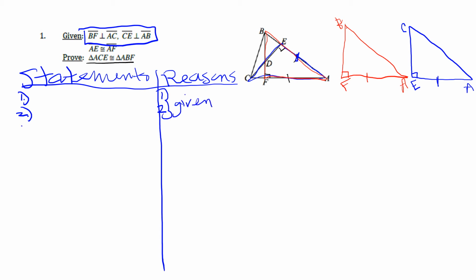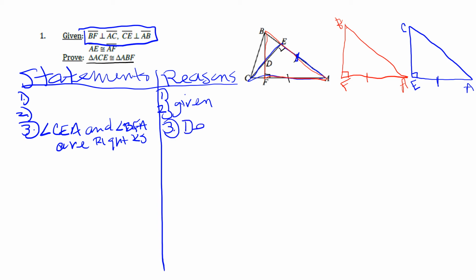And so my statement number 3 is going to say that angle CEA and angle BFA are right angles. And I know that because of the definition of perpendicular, since we're using perpendicular here and here.